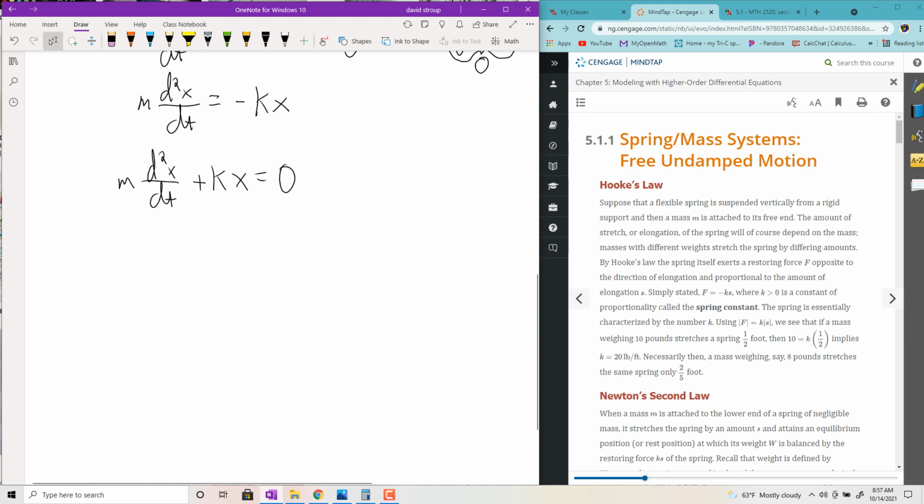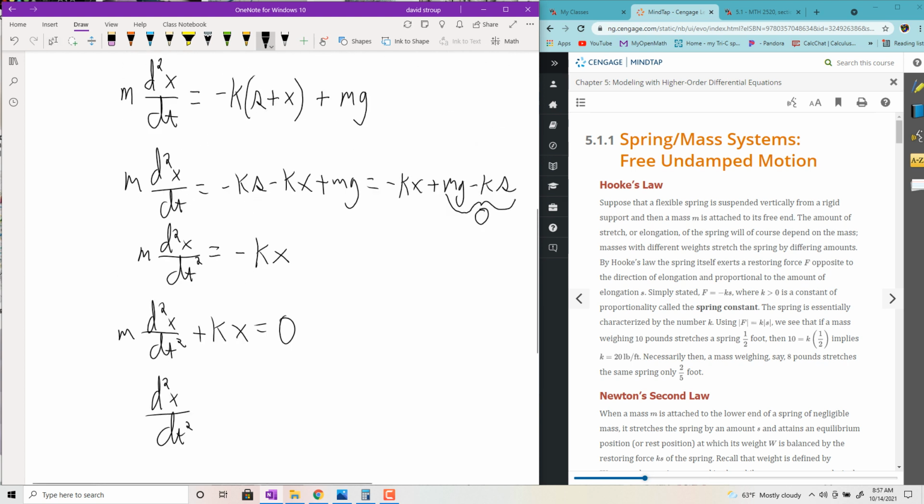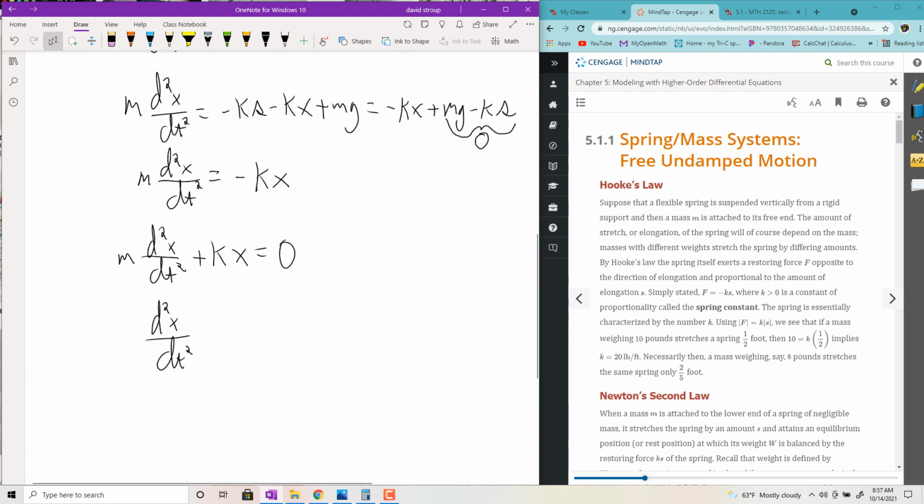All right, so now I'm going to divide by m. So d2x over dt, there should be a little 2 on there as well. Sorry about that. How many times did I make that mistake? Okay, there. And then plus k over m times x equals 0.